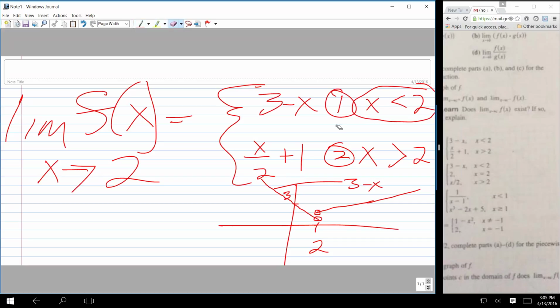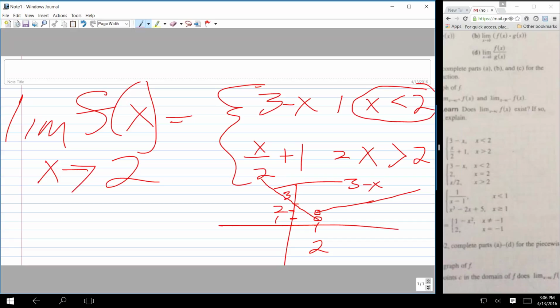There is no value at x equals 2, but we do have limits. As I approach from the left, what's my value? That would be 1. When I approach from the right, what is it? That would be 2.